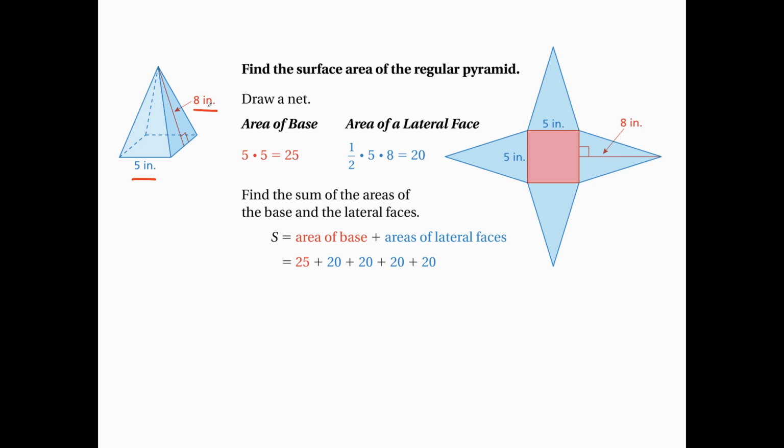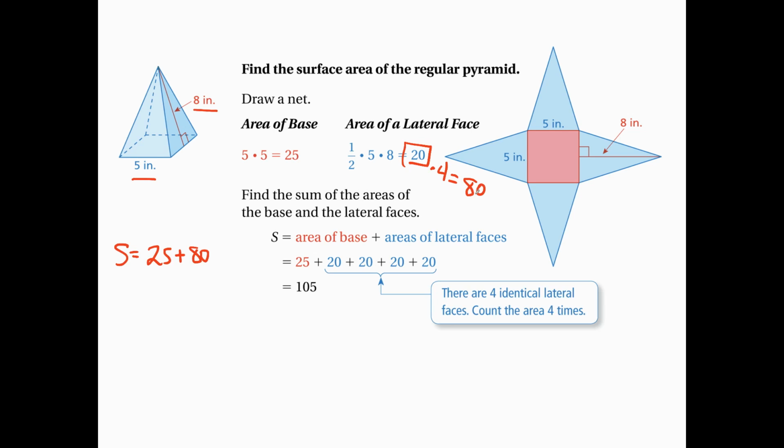Okay, the area of my base is 25, and then I have 4 triangles, so 20 plus 20 plus 20 plus 20. Or another way you could do this, instead of doing that, is you could say surface area equals 25 plus 80, because you just multiply the area of one triangle times 4, and that gives me the area of all of the lateral faces.